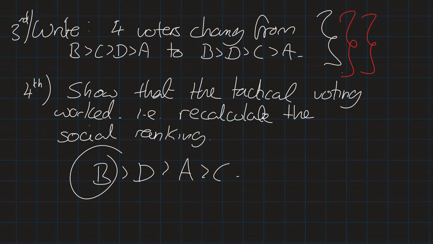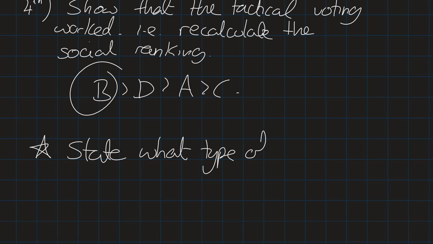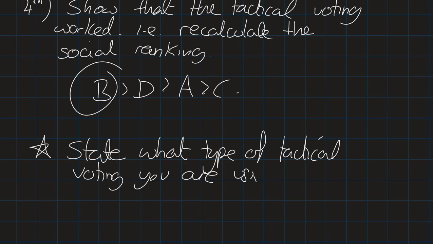And lastly, to be extra safe, if you're really trying to maximize the number of points you get in exams and homeworks, state what type of tactical voting you're attempting to use. Even though the question didn't explicitly ask you to state it, you're more likely to get partial credit points if you write this.